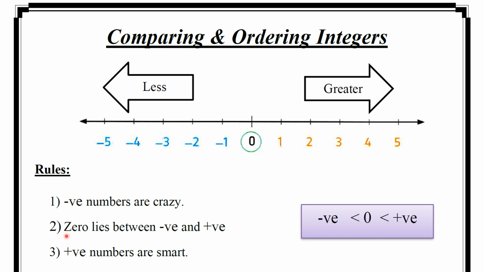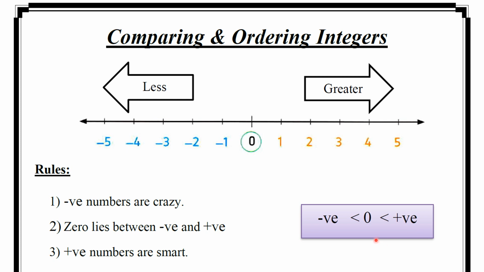Number 2, 0 lies between the negative numbers and the positive numbers. So here we have the origin point or the 0. Number 3, the positive numbers are smart. So we will move as usual. 1 smaller than 2, 2 smaller than 3, 3 smaller than 4, and so on. So we have to know the 0 is between the negative numbers and the positive numbers.